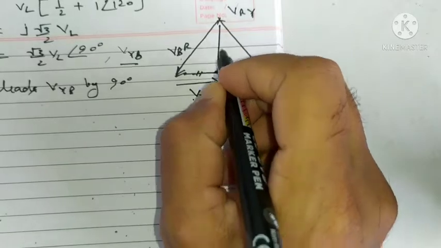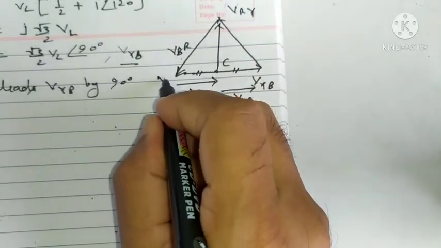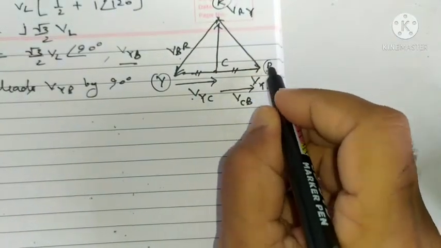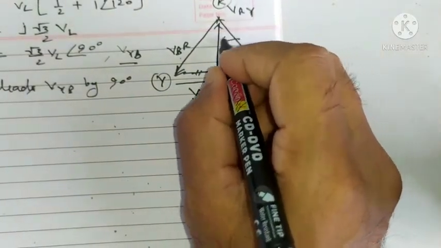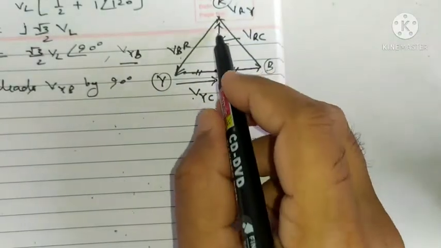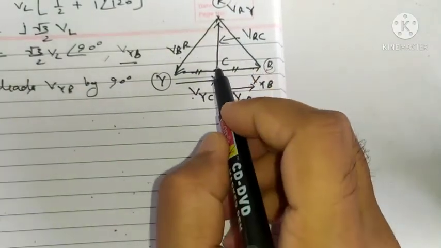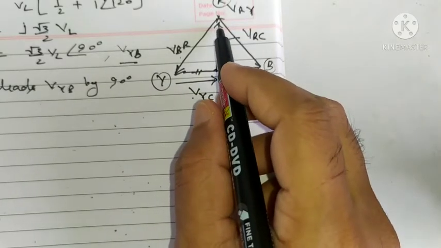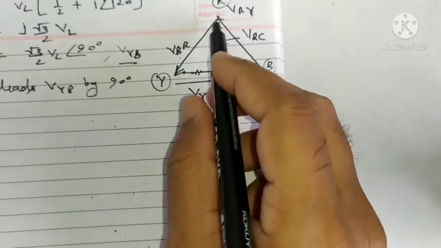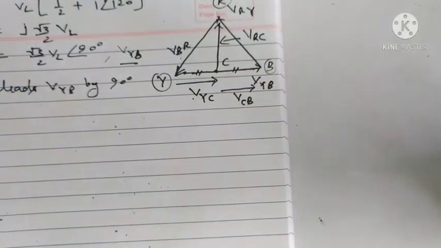And say this is Y, this is R, this is B terminal. So this voltage is VRC. So VRC is this voltage plus this voltage, or in this term we can write this voltage plus this voltage also.